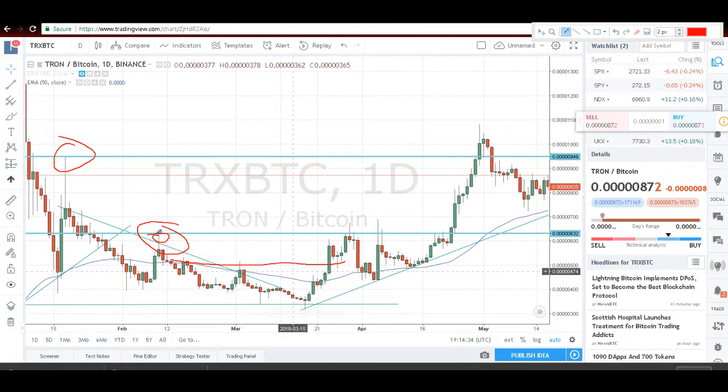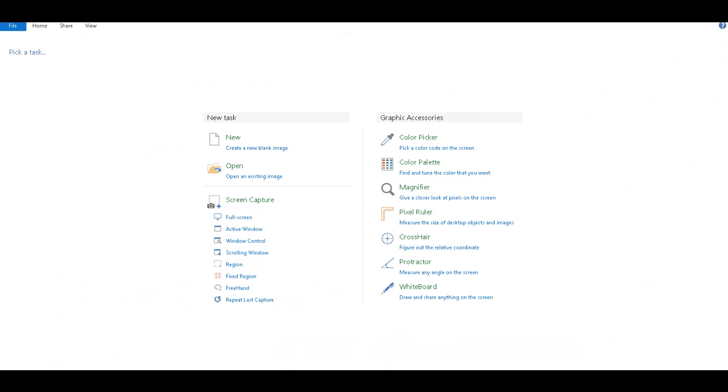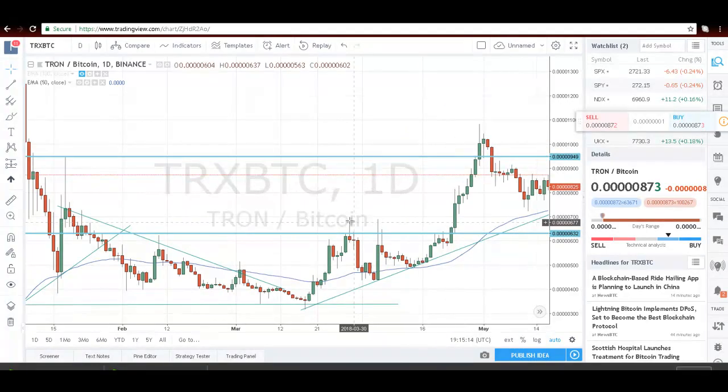This is why I had this line right here on the Tron TRX chart. Every time it hit this resistance line, boom, guess what? It reversed. Hit it again, boom, it reversed. So that's why I said before, these swing highs and the consolidation areas on the chart are very good areas you can look at. And most likely price will reverse at those areas.